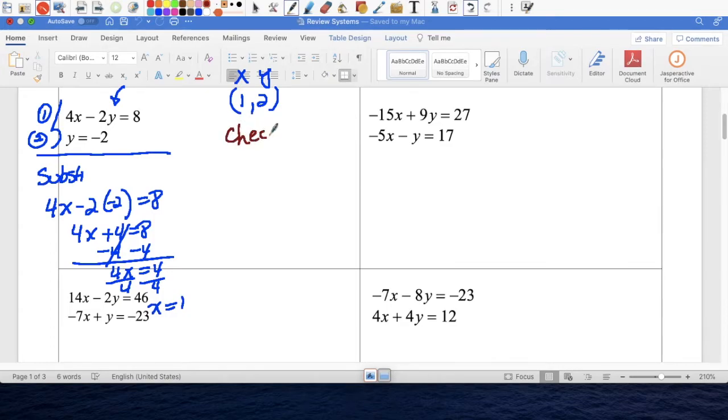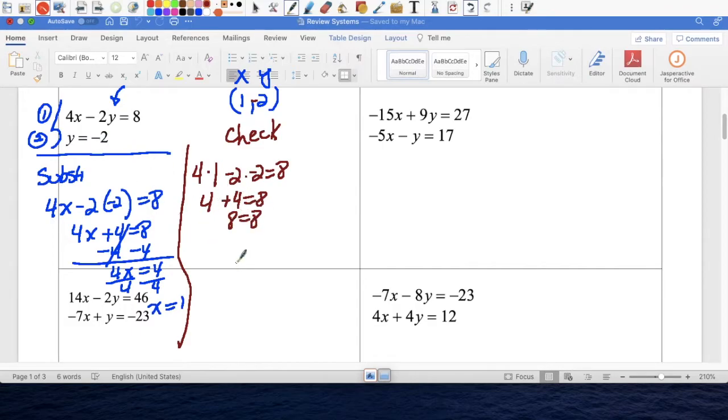To do our check, we're going to use both equations, 1 and 2, and see if it works. In place of x and y, you replace it with 1 and negative 2. So in equation 1, we get 4 times 1 minus 2 times negative 2 equals 8. Sorry, it's negative 2. 4 times 1 is 4, this is negative 2, and that's also positive 4, and we get that it equals 8 for equation 1.